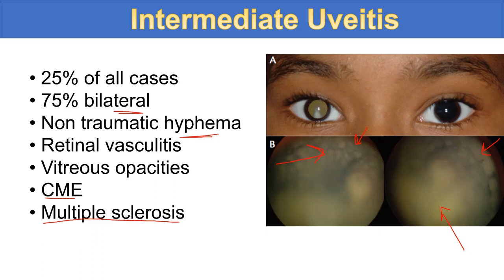So yes, uveitis is rare in children. Okay, so this is for the intermediate uveitis.